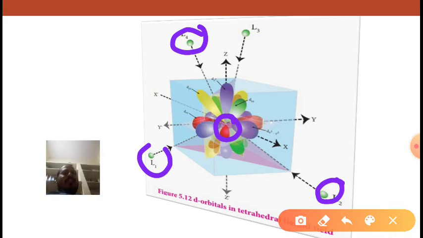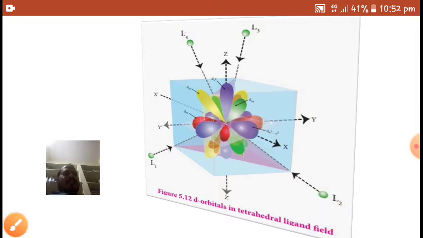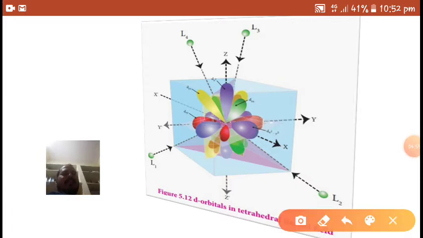So here ligands are approaching the metal ion between the axes.